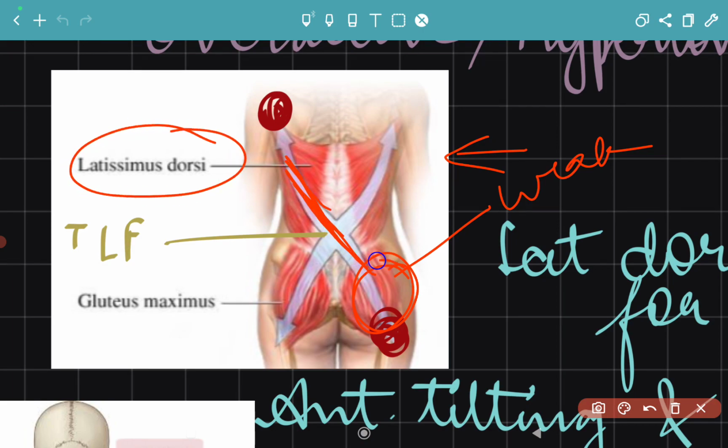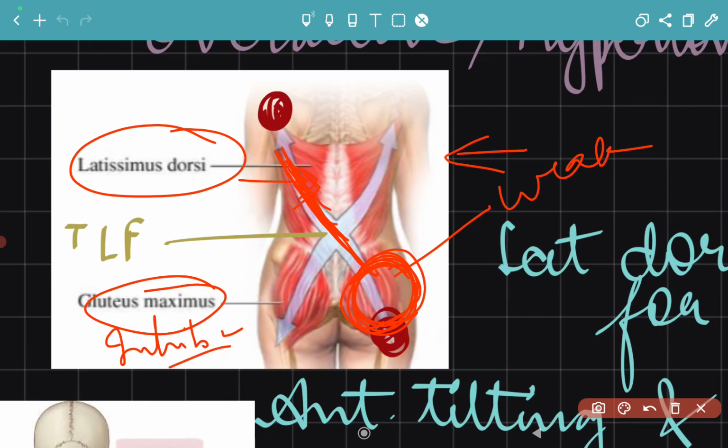This is the gluteus maximus, so opposite side latissimus dorsi will have to take the load, as now the gluteus maximus is weak. So that means gluteus maximus is inhibited and the latissimus dorsi hence is overactive or hypertonic, as this forms a chain.